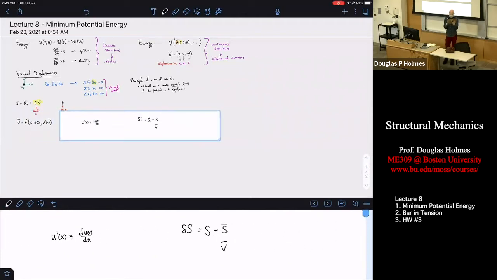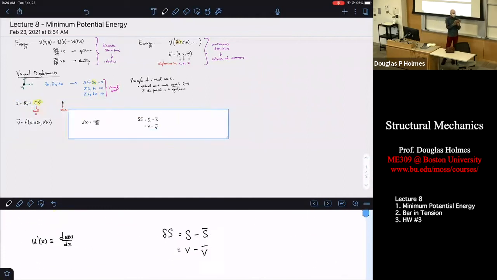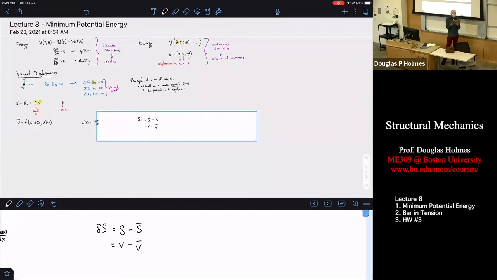So we're going to do that exact same thing here. We're going to take some difference in the total potential energy. We're going to eventually have this equal the first variation of our total potential energy. But because we've introduced this epsilon term here, we have to take an additional step. First, this feels very calculus-y, right?